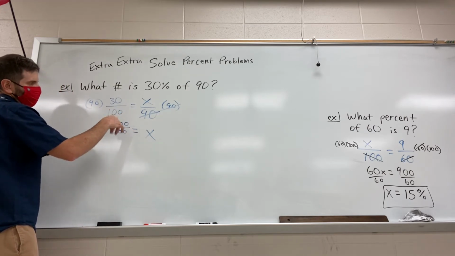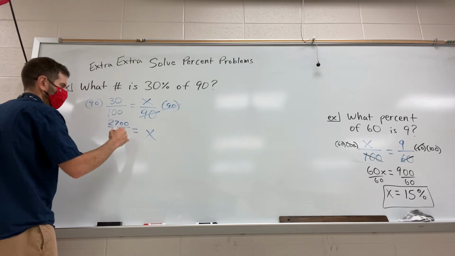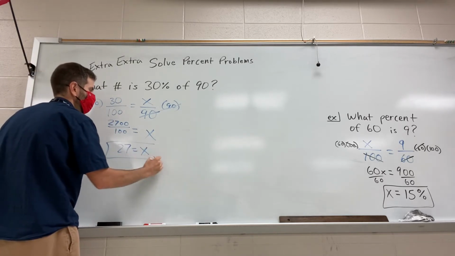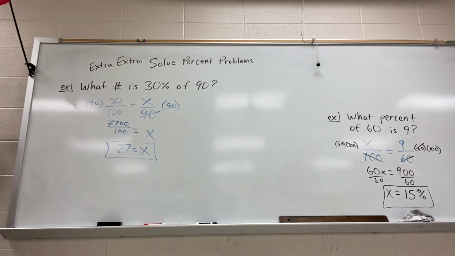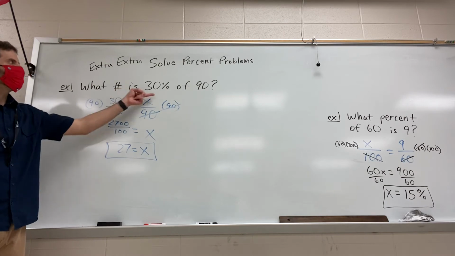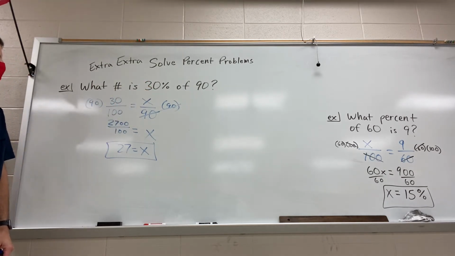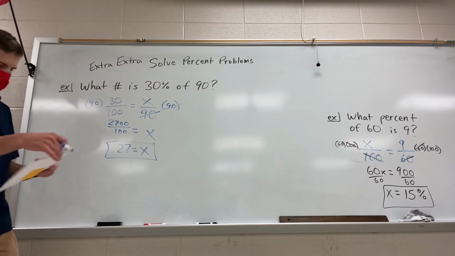And the 100 will divide into it cleanly. And our answer is 27. So 27 is 30% of 90. And there you have it. Again, some of you may have realized that you can change this to a decimal, multiply, and you're there as well. Let's keep going.